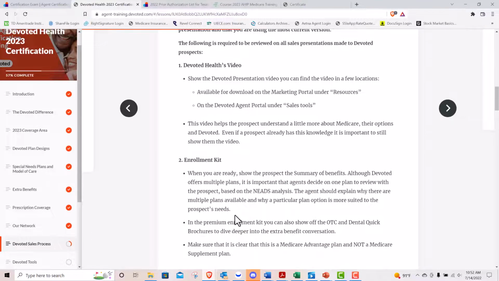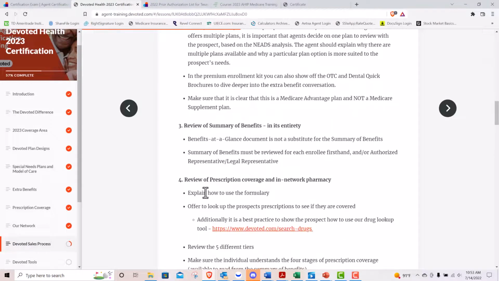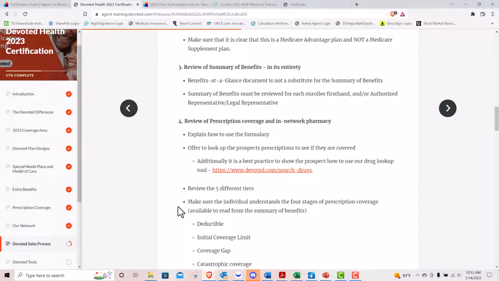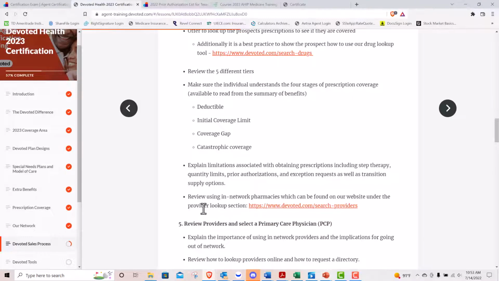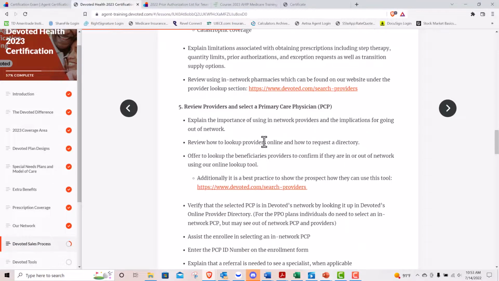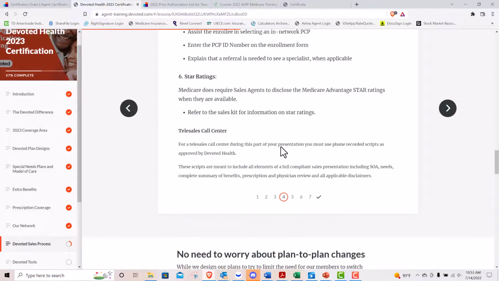And of course, the enrollment kit, summary of benefits, review the prescription coverage if the plan has prescription, go over the 5 tiers of medication and then the 4 stages, explain the limitations, review the provider directory and choose a PCP if they're in an HMO. If not, I would put it in anyway, just so that they know that the person they're seeing is not a specialist. Go over the star ratings, etc.